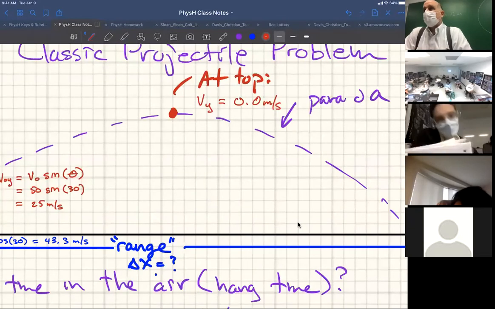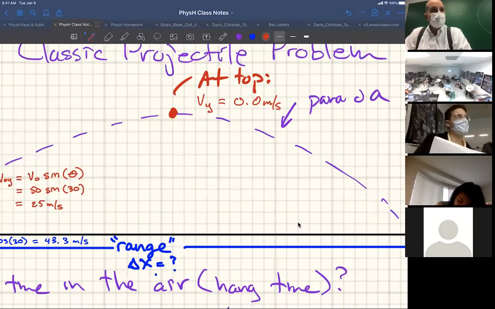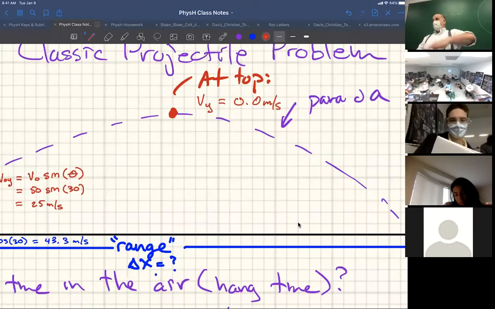What about the horizontal velocity? At the top, is the horizontal velocity equal to 0? It's the same as when it started. The ball does not just come to a rest in the horizontal position. Gravity, the force of gravity brings it to a rest, but only in the vertical direction, not in the horizontal direction.